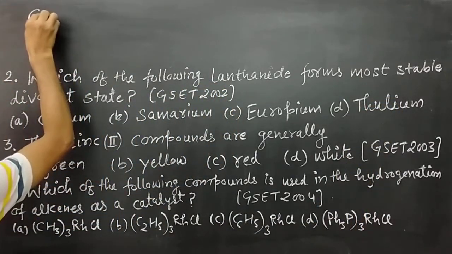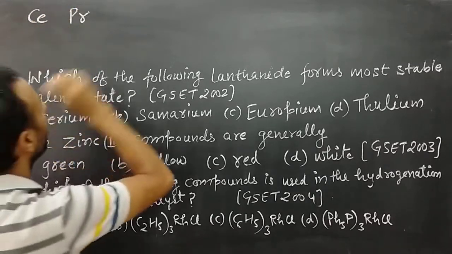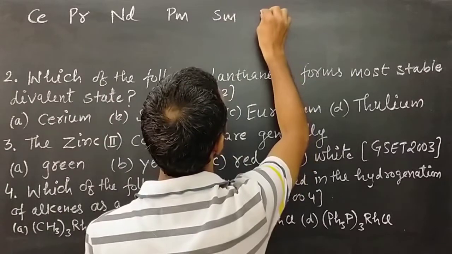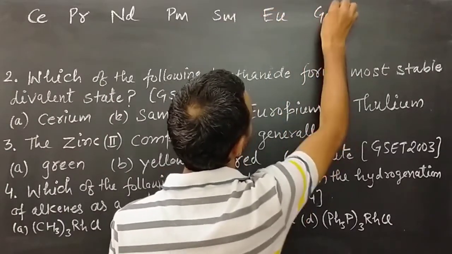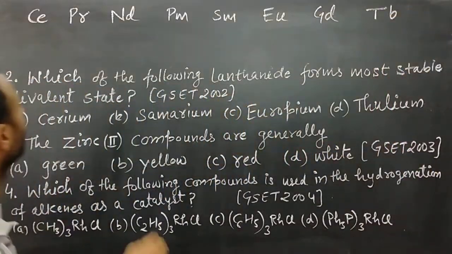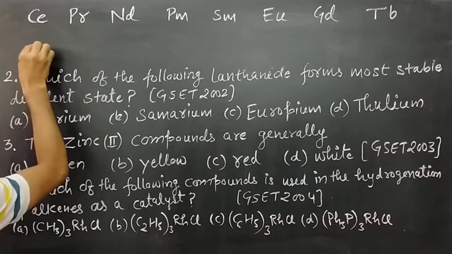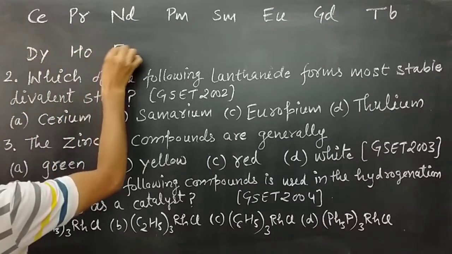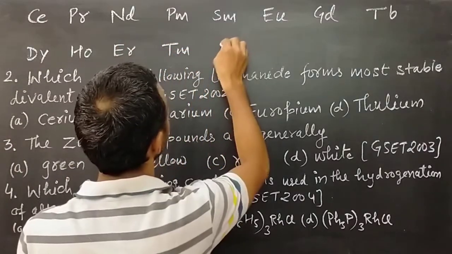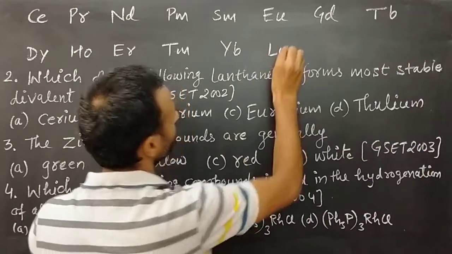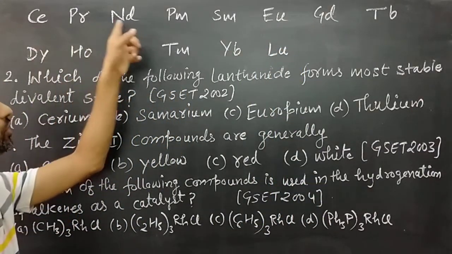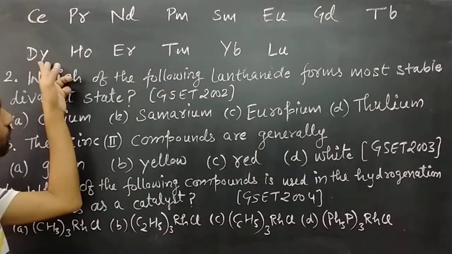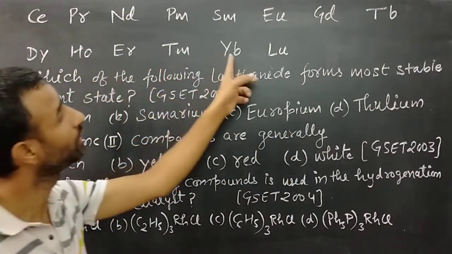So just write the lanthanoids: cerium, praseodymium, neodymium, promethium, samarium, europium, gadolinium, terbium, dysprosium, holmium, erbium, thulium, ytterbium and lutetium.